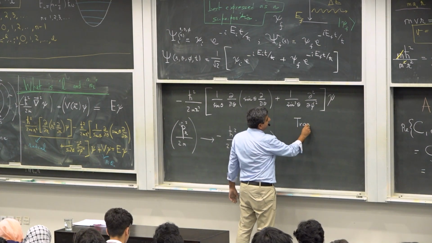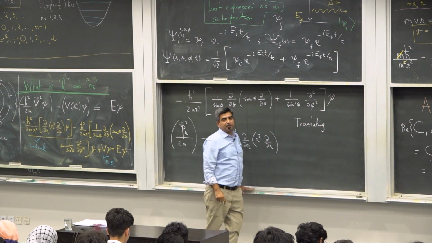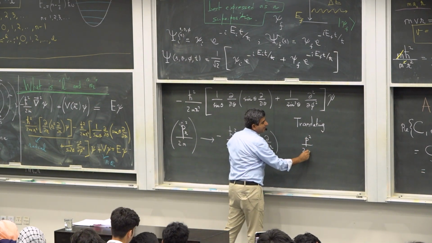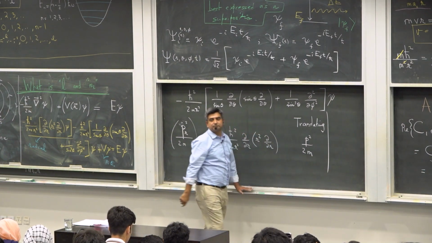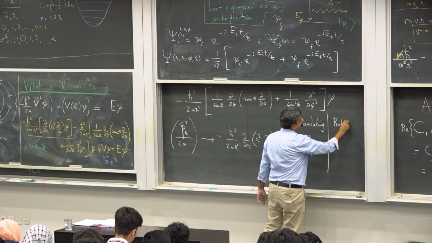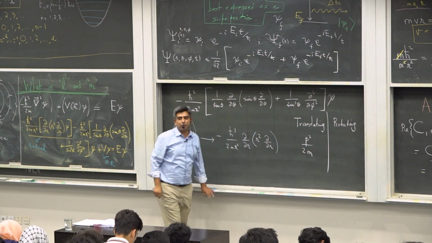For a classical object that is translating, the kinetic energy is p square over 2m. What is the energy of a rotating object? What's the corresponding expression for a rotating object?